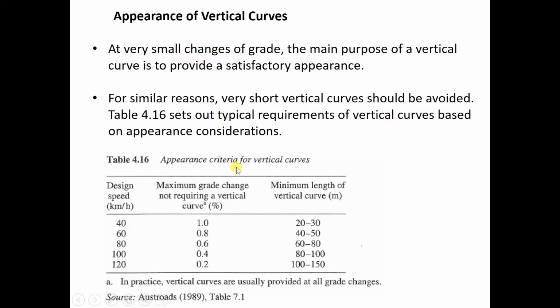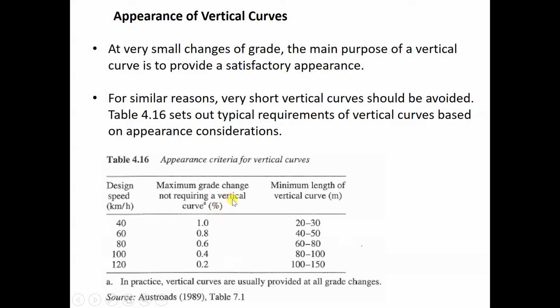For the appearance criteria for the vertical curves, there's a table about this. For the various design speeds, this one is slightly outdated, but some of the notes here we already used in the newer version, 2020, probably 2012. The table is a bit old, but some of the things are still very relevant.